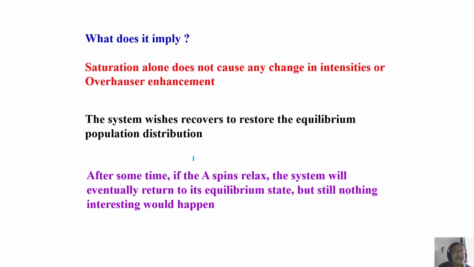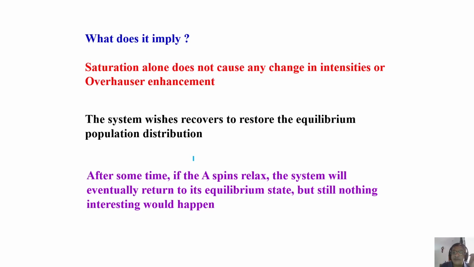Okay, your irradiation is done. Afterwards, the spins will go back to thermal equilibrium. So nothing interesting happened. Even if you irradiate one of the spins, you did not find any change in the intensity of the other spin, even though they are in close spatial proximity with the dipolar interaction.